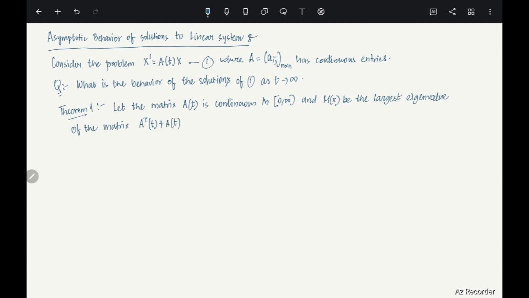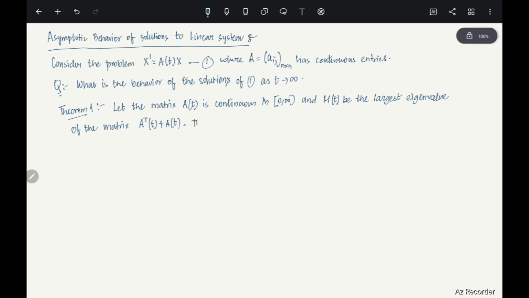So basically I am looking at the matrix A(t) plus A transpose(t), and we are assuming that m of t is the largest eigenvalue of that matrix. Clear? Of course, you see A depends on t, right? So the eigenvalues will also depend on t. We are assuming m(t) is the largest eigenvalue. Clear?